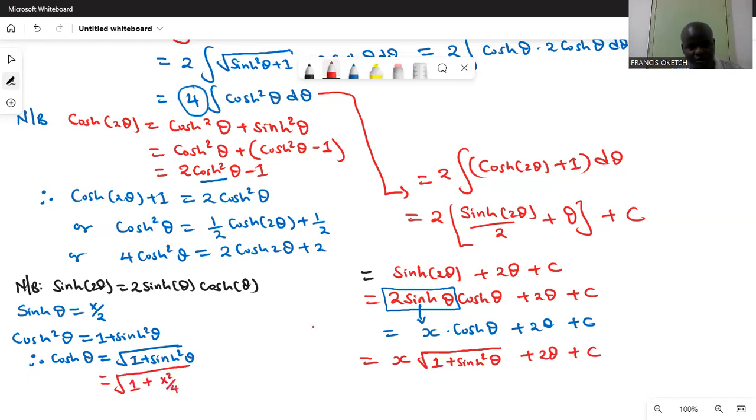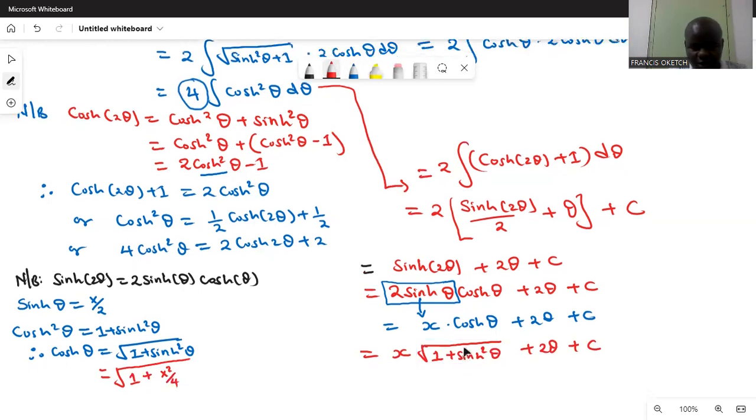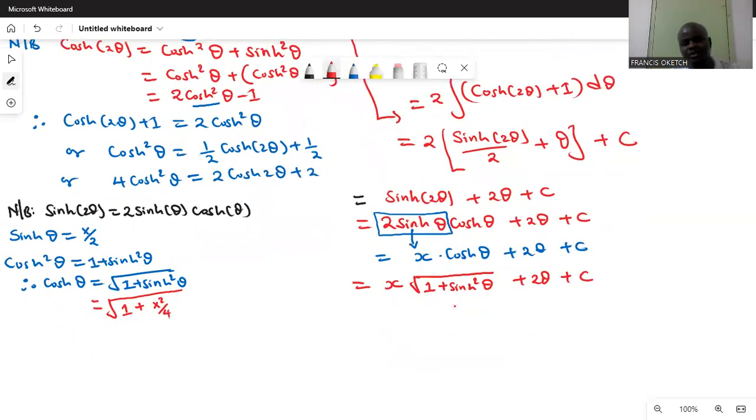And so when you substitute that into the answer, we get x times the square root of 1 plus x squared over 4, then plus 2 sine hyperbolic inverse of x over 2, then plus c. So that is our answer.